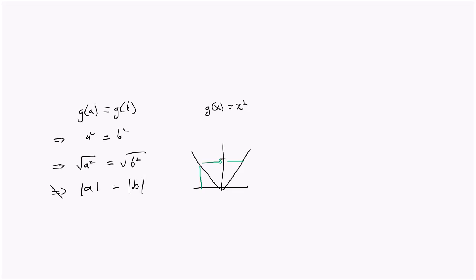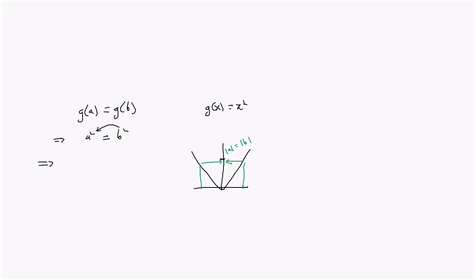You bring over the B squared, so A squared minus B squared equals 0. And we factorize this: A minus B and then A plus B equals 0. And we all know this tells us that A is actually equal to B or minus B.